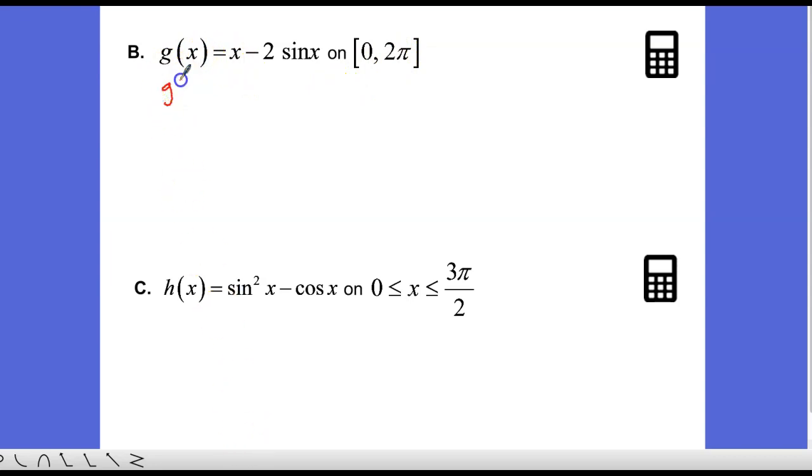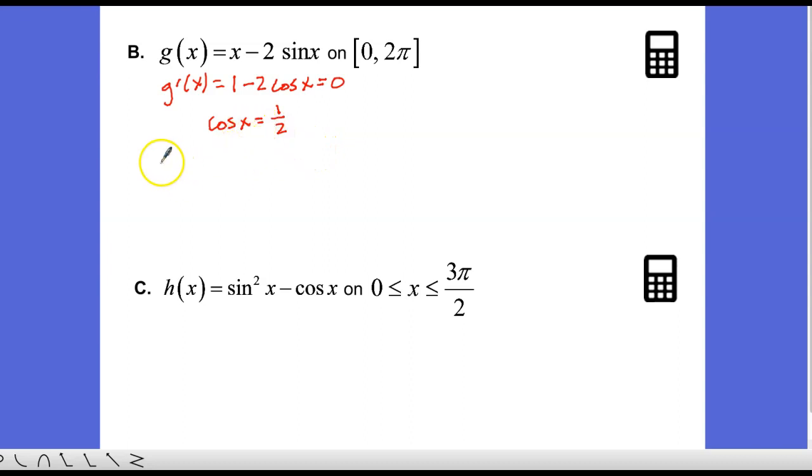And so we have g prime of x is equal to the derivative of x, which is 1, minus the coefficient 2, and the derivative of sine is cosine, so 1 minus 2 cosine x. Then we'll set this equal to 0, and this gives us cosine x equals 1/2.